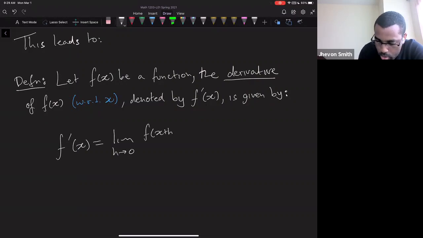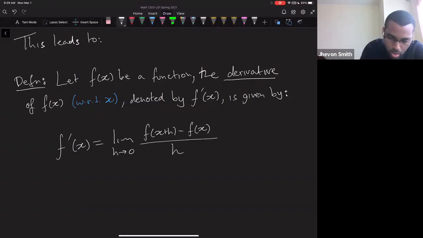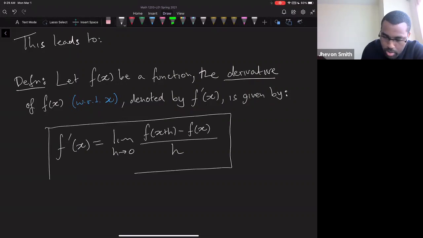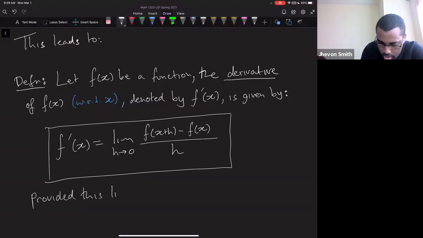So I believe there was a quiz problem where I asked you to define the derivative, and you had to pick out from the answer choices which it was, and this would have been the answer, provided this limit exists.